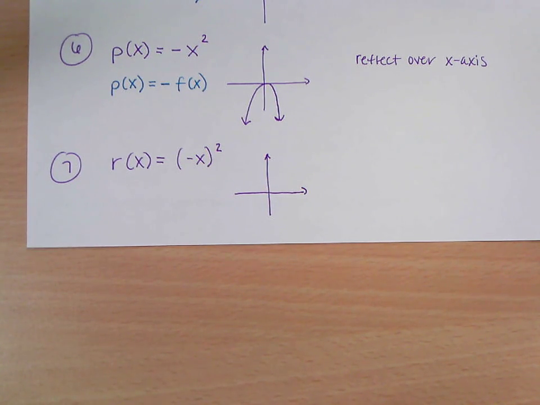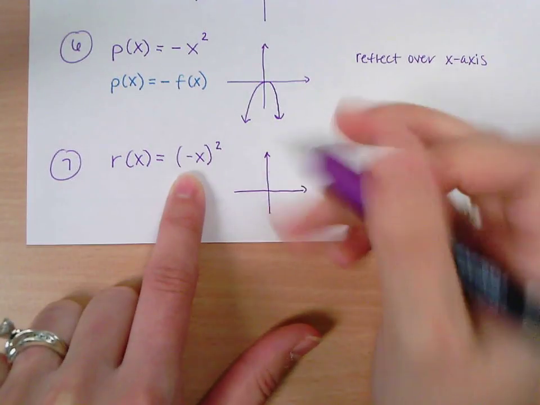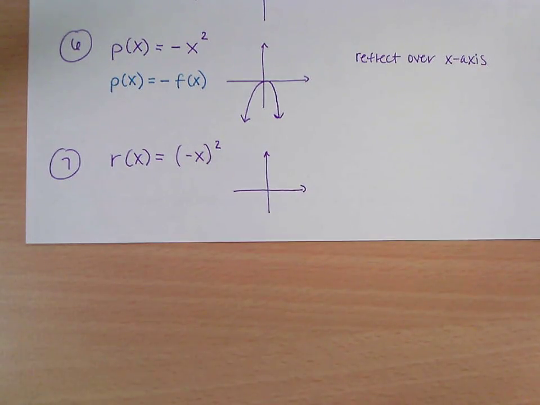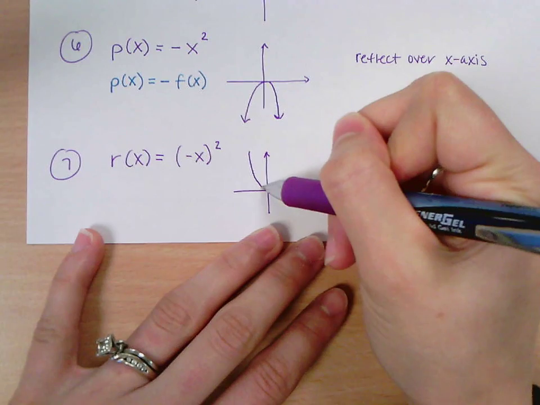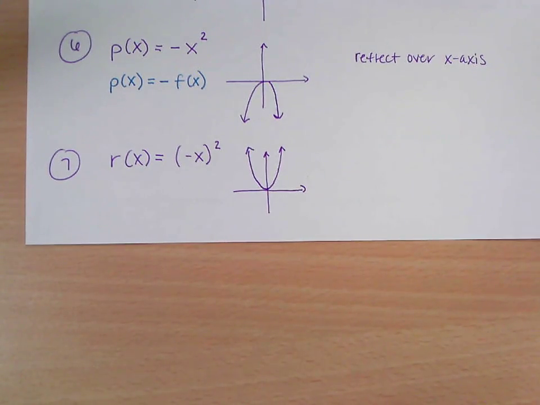The graph is going to look the same, but what is happening? Yeah, so if it's outside, it's a reflection over the x-axis. This is making all of the x values the opposite, which would be a reflection over the y-axis, but because x squared is an even function, it's just going to look the same.